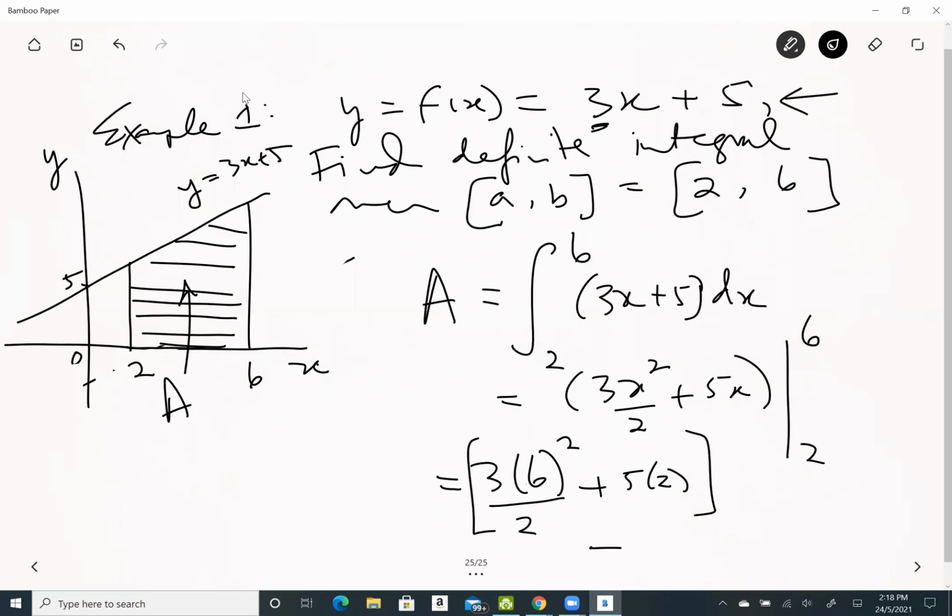And then you have to subtract 3 over 2 times 2 squared plus 5 times 2. Here shouldn't be 5 times 2, it should be 6.